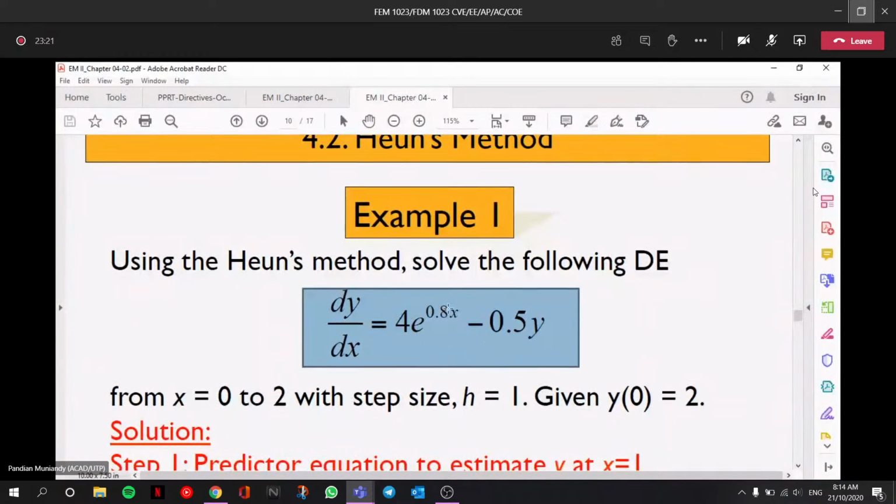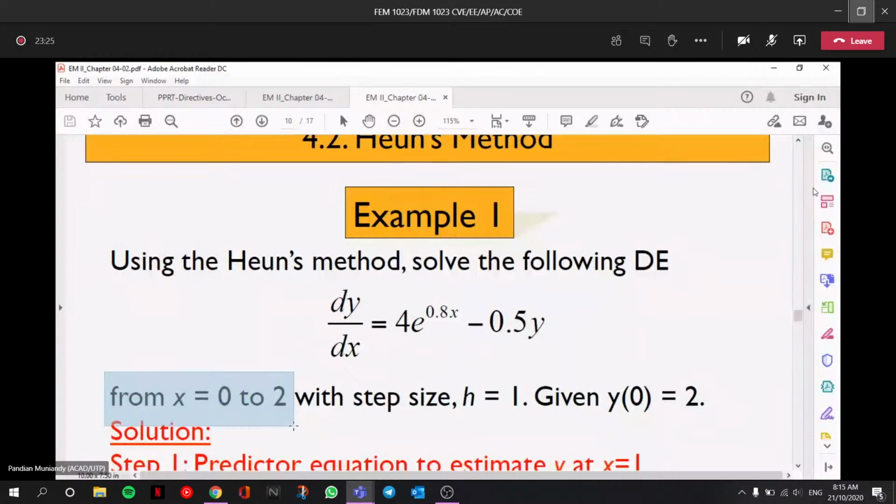So you want to solve this problem from x0 to 2. What do you do? You have to draw one line like this. Draw one line, and then the lower bound is x0, and the upper bound is 2. So this is the meaning.